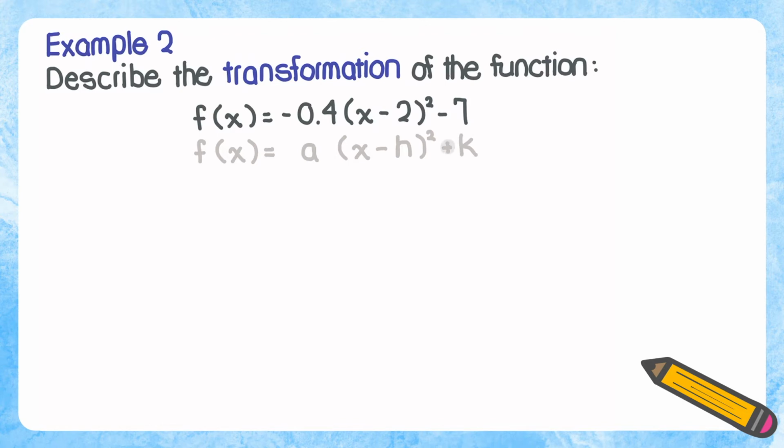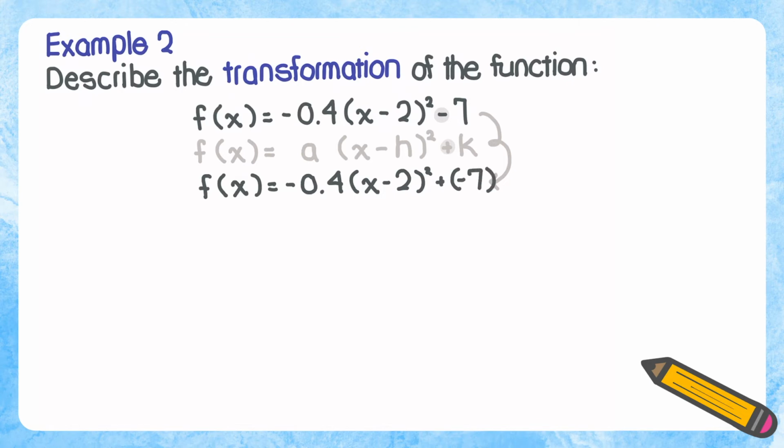Right here, it's a little different, so I'm going to rewrite this function. I'll have f of x equals negative 0.4 times x minus 2 quantity squared plus negative 7.